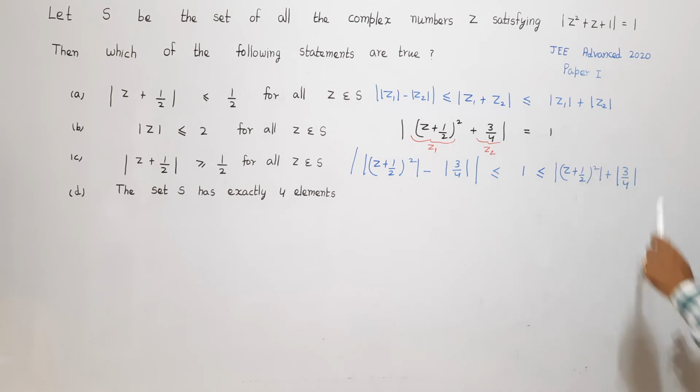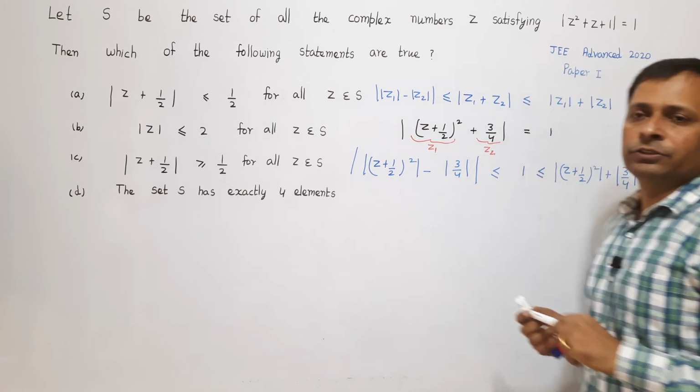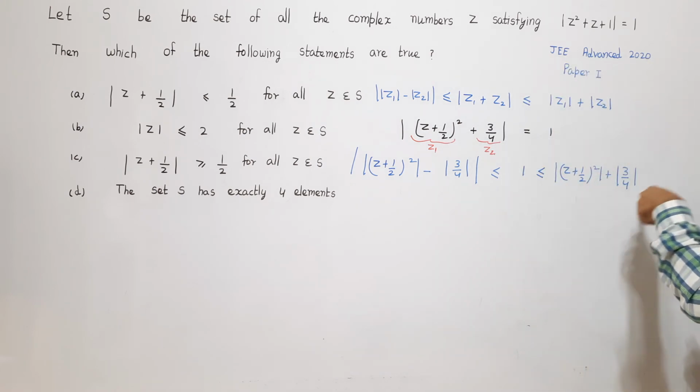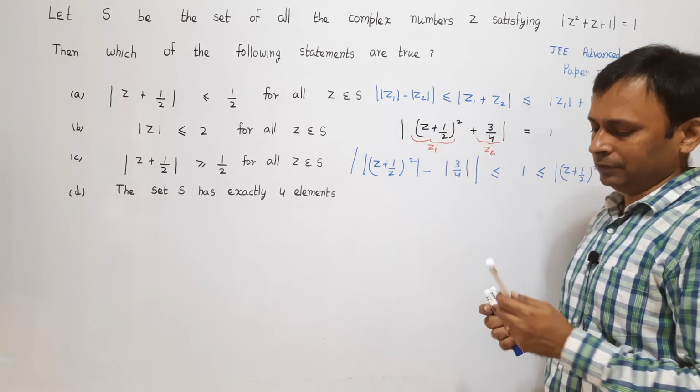Okay. Now here if you see, Z plus 1 by 2 is already seen in these two options. So this gives me a hint that if I solve the right part of this particular inequality, I would get some result which would match with the option.